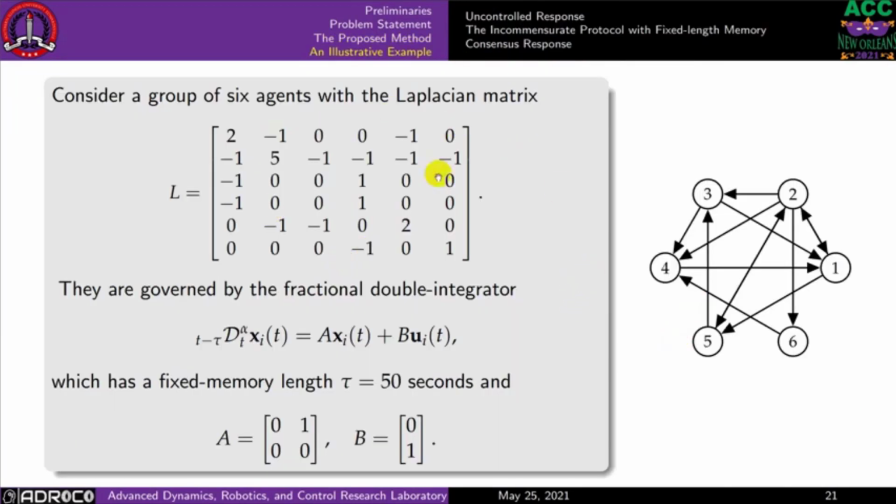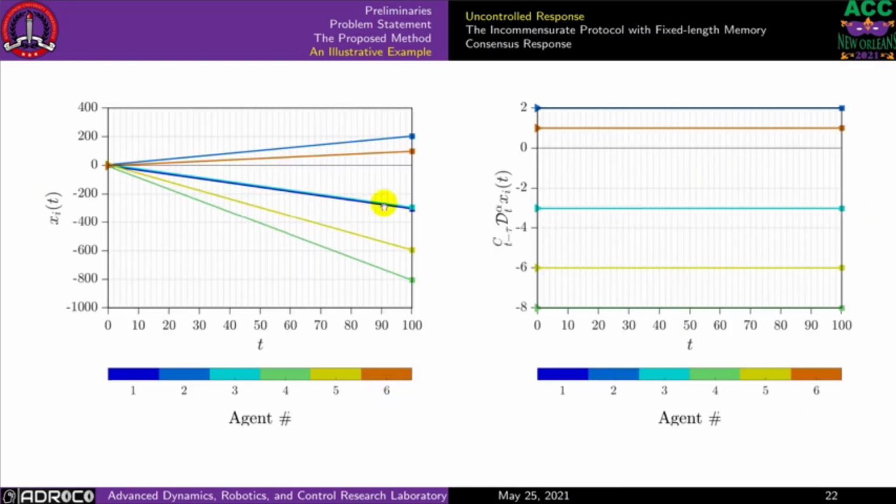To show the advantage of the method, we consider six multi-agents defined by this Laplacian matrix, where the dynamics are governed by a fractional double integrator type, and we set the memory length at tau equal to 5/2. Without a controller, there is no agreement and no consensus here.